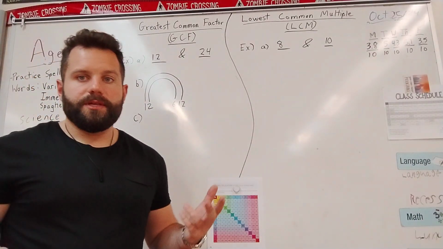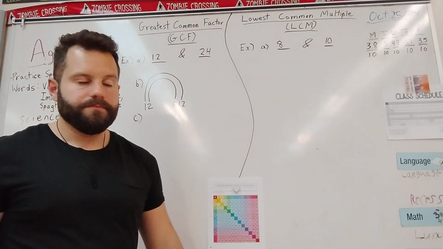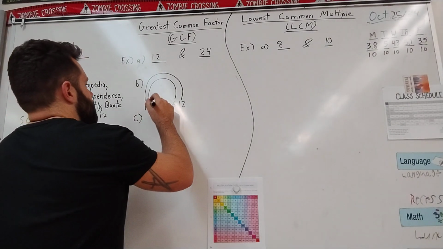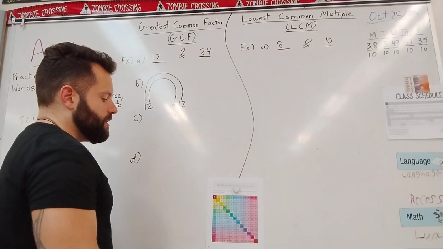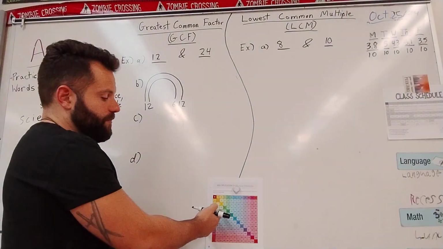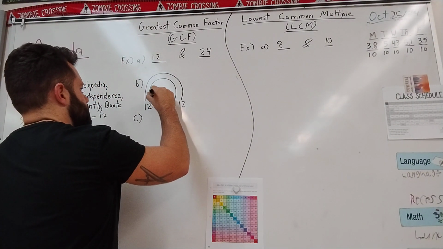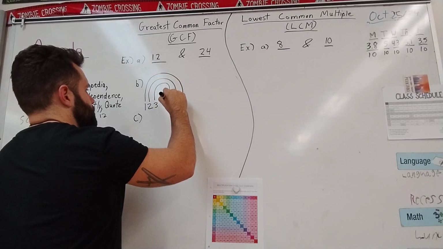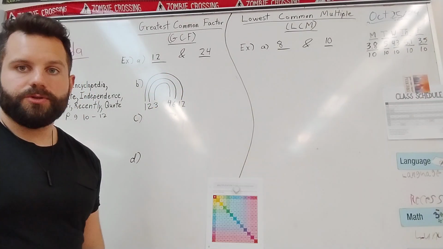I either know this by knowing my multiplication facts, or I can look at my multiplication chart here. And then I can look at my multiplication chart to see if there's anything in the multiples of 3 that will get me 12, and there is. There's a 3 multiplied by a 4. So these are my factors for the number 12.